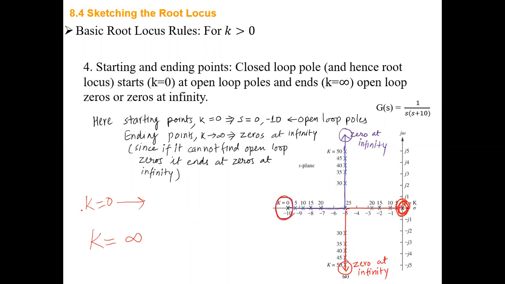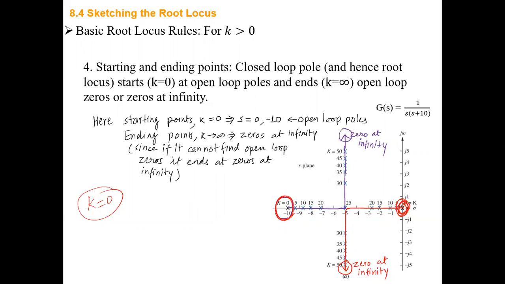So start means k equals 0, right? That's what you understand.